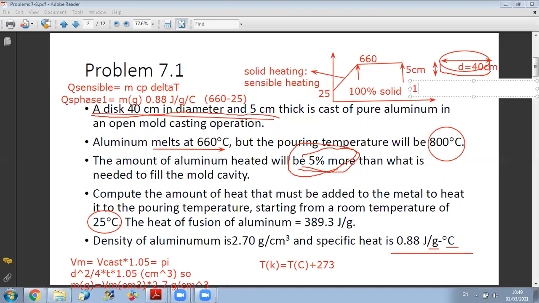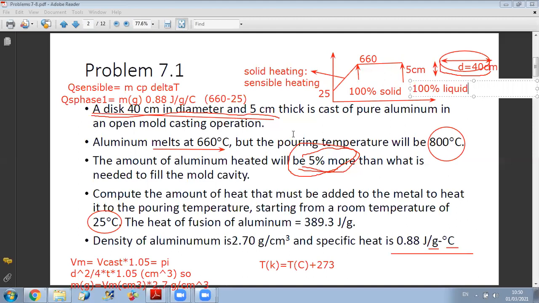Once I provide the whole amount of energy, which is called heat of fusion, I will go from 100% solid to 100% liquid. In this phase two, heat is provided in the form of latent heat, not sensible heat, because sensible heat is seen in change of temperature, while latent heat is seen in change of phase.